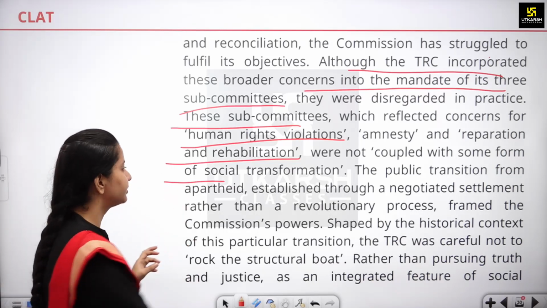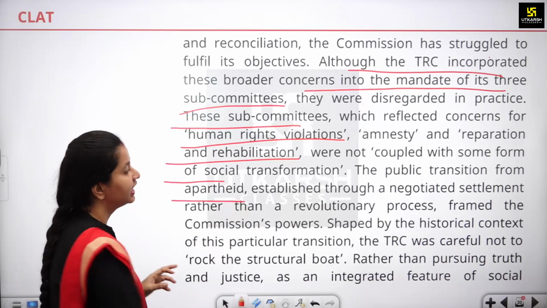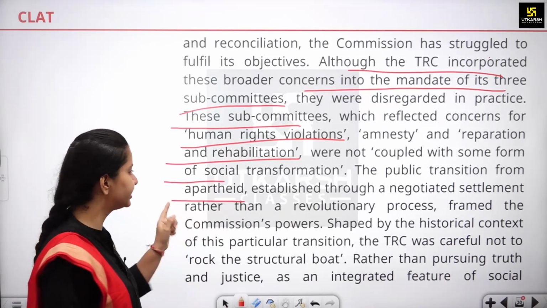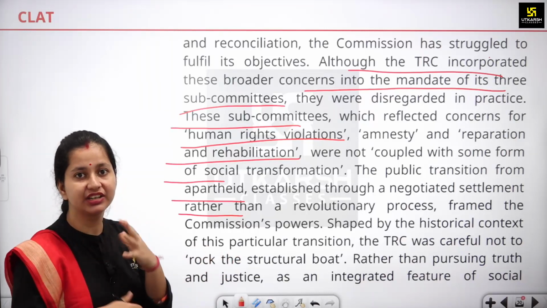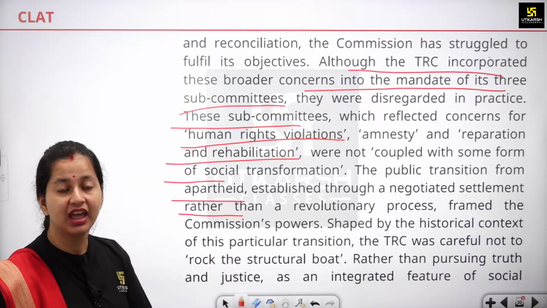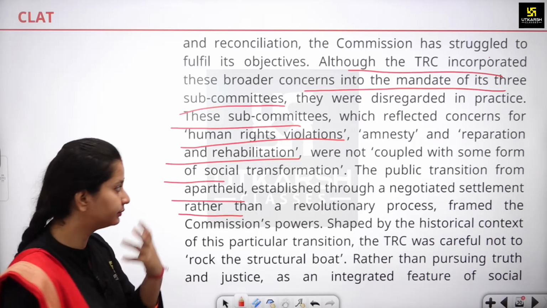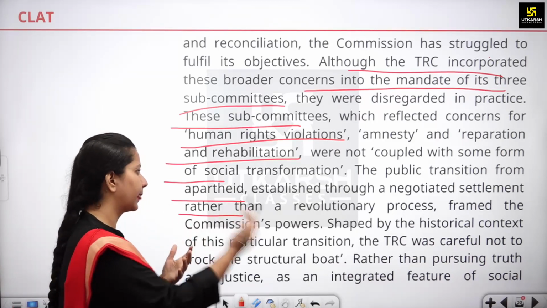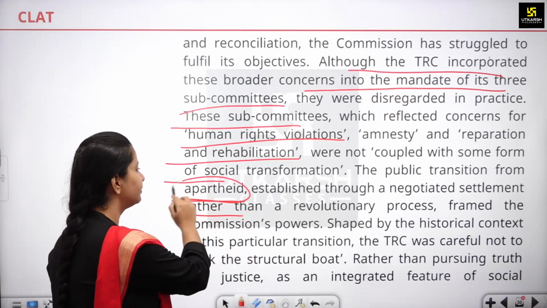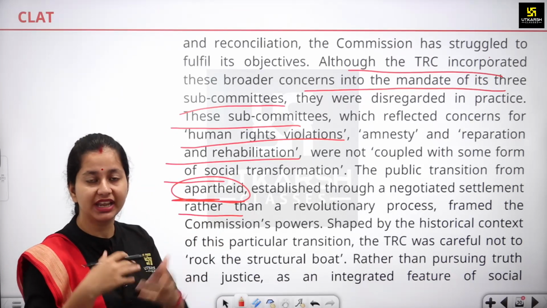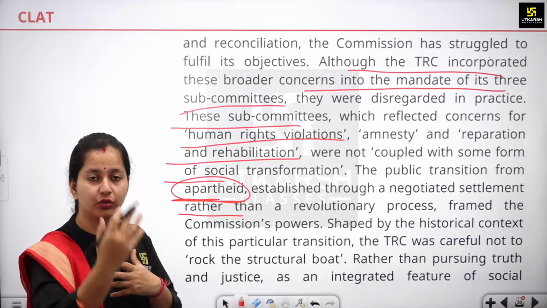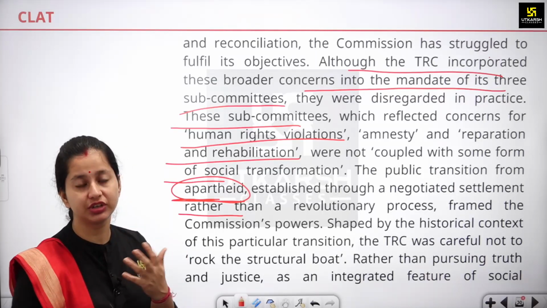The peaceful transition from apartheid was established through a negotiated settlement rather than a revolutionary process. Now the TRC's basic issue was that the public would rise a little above apartheid, or a very good transformation would come.